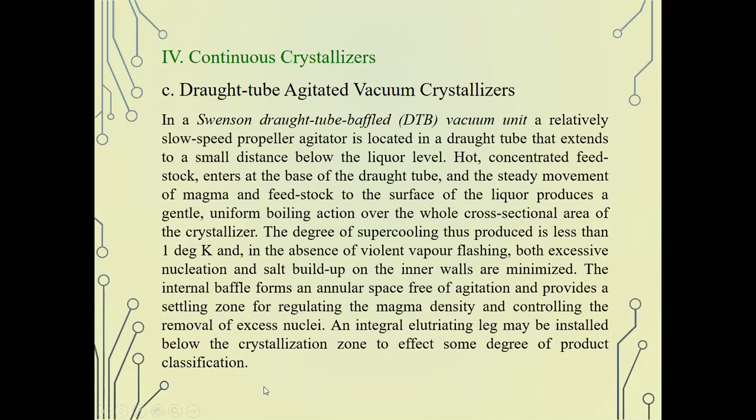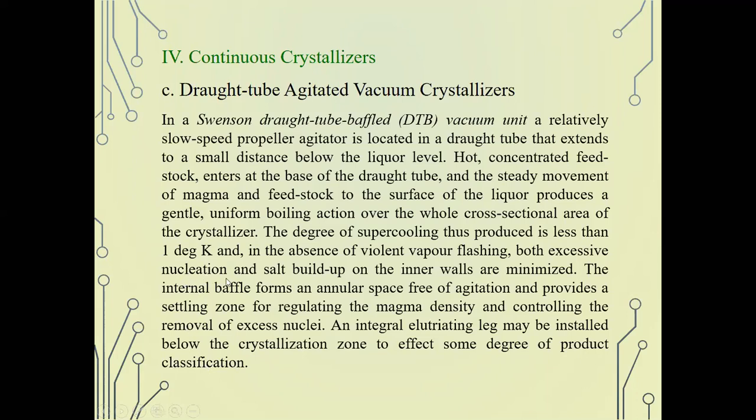So in the case of this DTB, modification of the Swenson draft tube, you have some form of an agitator that extends well below the liquor level. The purpose is, of course, for your magma to be well agitated at all times, minimizing the excessive growth of new nuclei.